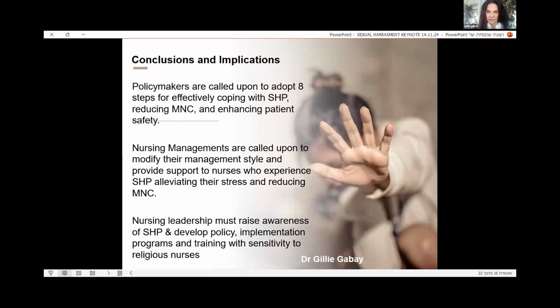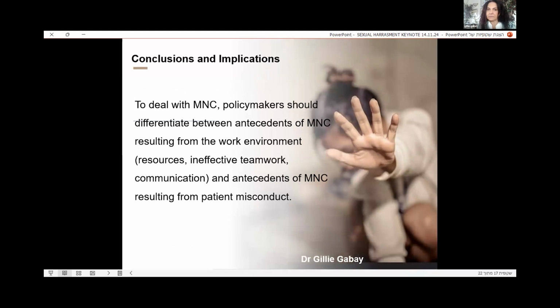Leaders of nurses must raise awareness of sexual harassment, develop policies, implement the policies, and also provide training, especially for religious nurses, because it takes a different cultural sensitivity to accompany these religious nurses.